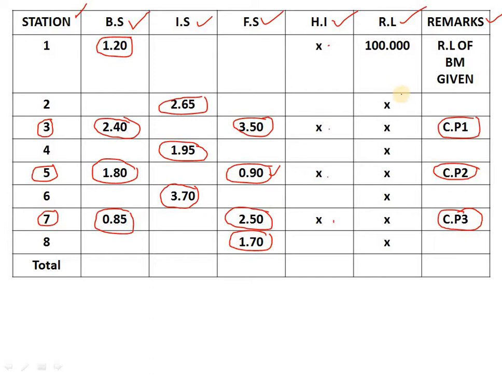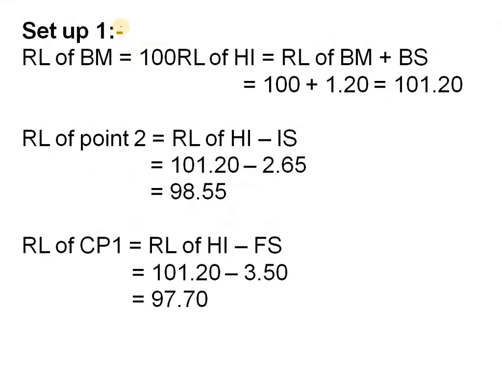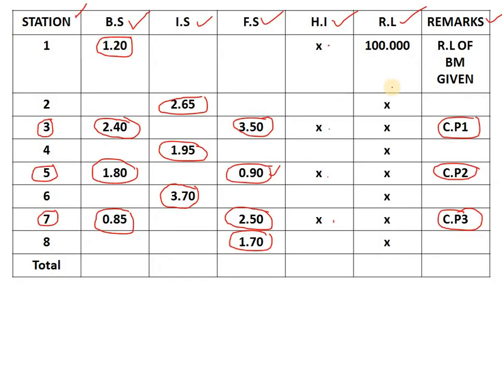So now let us calculate by the height of instrument method and RLs. So first in setup 1, the first one we have to calculate, that is our formula, RL of benchmark. Okay, so this is RL of benchmark, it was given 100. So to get the height of instrument, the formula is RL plus BS.